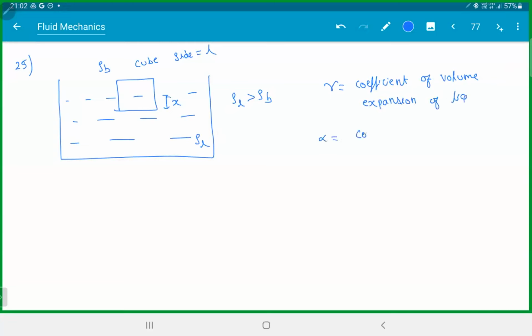Alpha is the coefficient of volume expansion of the cube. So if temperature changes by delta T, find the new x.